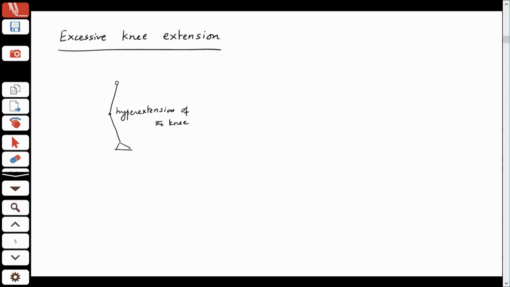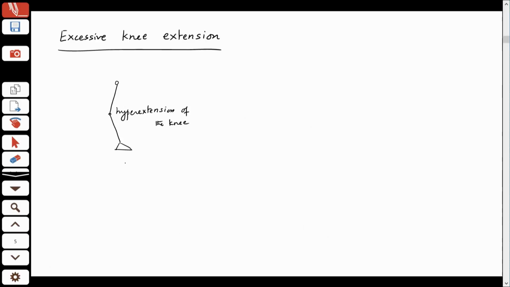Where do you think this could have an impact in the gait cycle? If you remember, during the loading response phase, the knee undergoes a slight flexion. Okay. Now, if the knee is hyperextended like that in load bearing, then that slight flexion is lost, which usually has a shock absorbing effect.